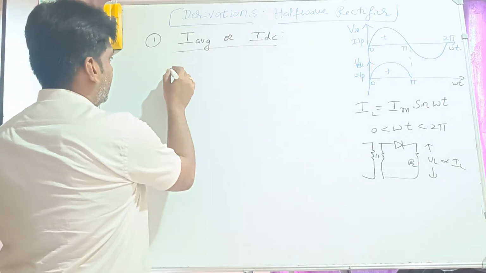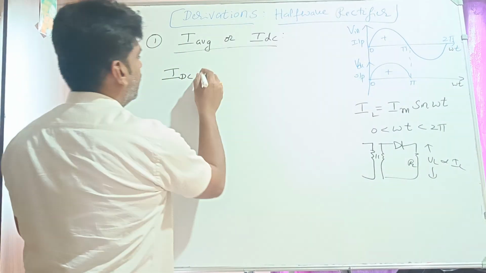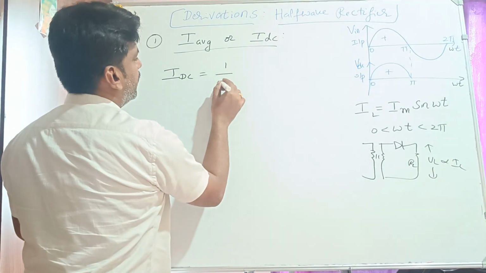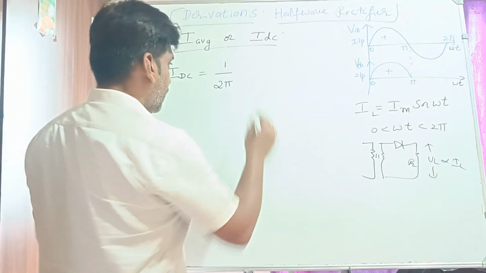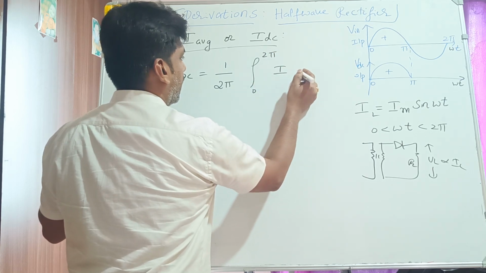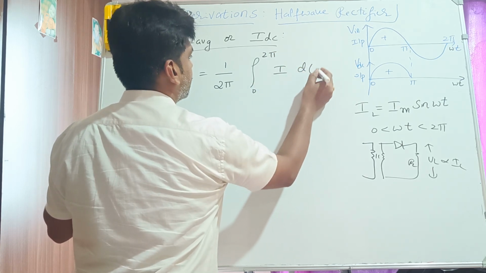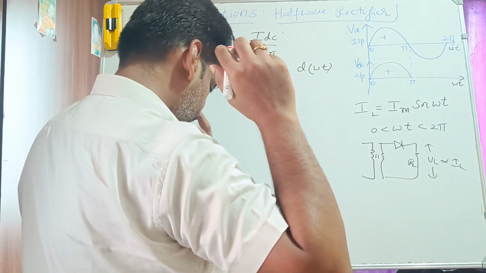So IDC, how can we write IDC? DC is nothing but, here at the output side, for the complete cycle, the area under the curve. What is the area under the curve? 1 over 2 pi, from 0 to 2 pi, multiplied by I into dt. In this case, the dt can be written as d of omega t, right?